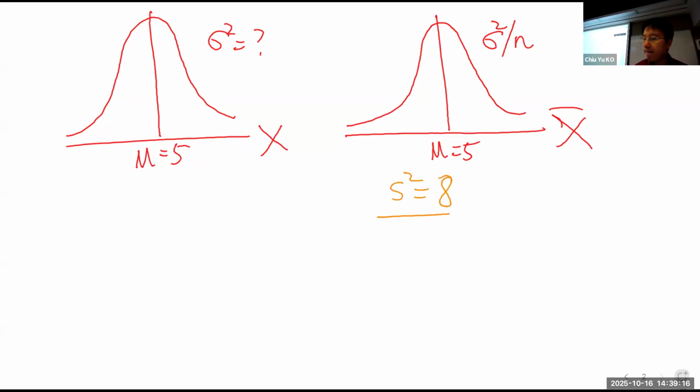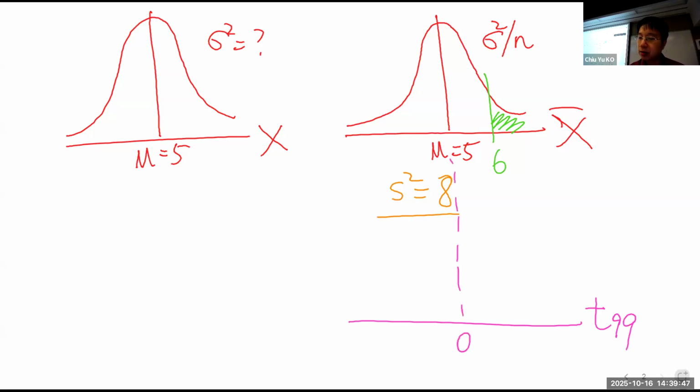So I want to know the probability that it is more than 6. This guy, more than 6. I want this area. How can we do that? Of course, if I know sigma, then I'm done, because it's just normal and I can do the calculation quickly. But if we don't, then what we do is consider T 99, because n minus 1. This 5 becomes 0 here, and then this is a T99.